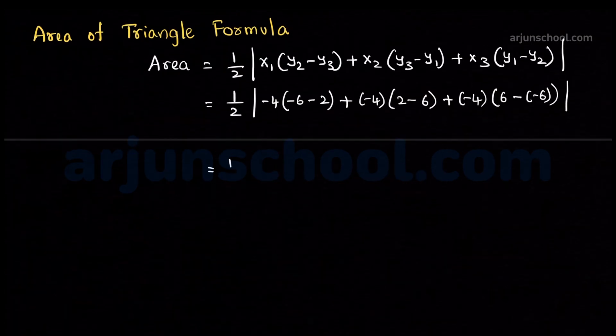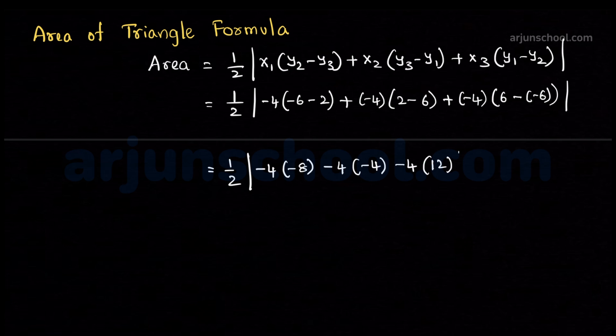It is equal to 1 by 2 modulus of minus 4 of (minus 6 minus 2 is minus 8) plus minus 4 of (2 minus 6 is minus 4) plus minus 4 of (6 minus of minus 6 is 12).